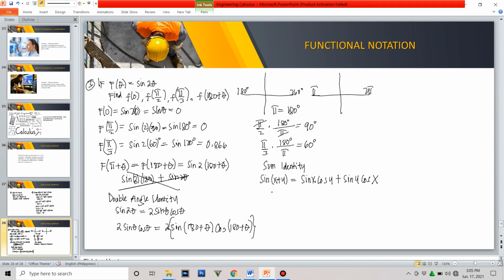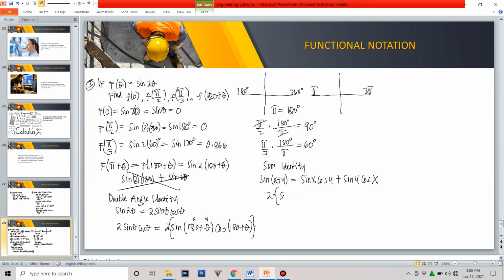So again, there was already a 2 there. Okay. So let's just apply that here. So the first term goes this way. Sine, by the way, this is the x. And this would be the corresponding y.